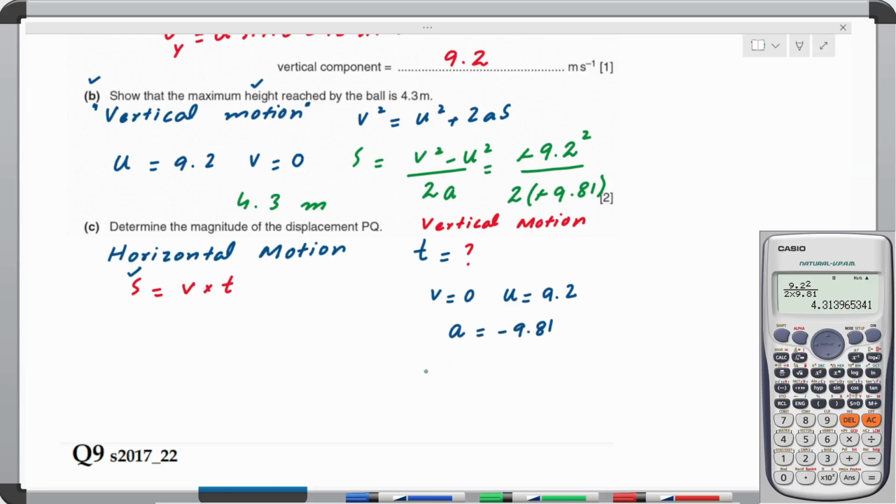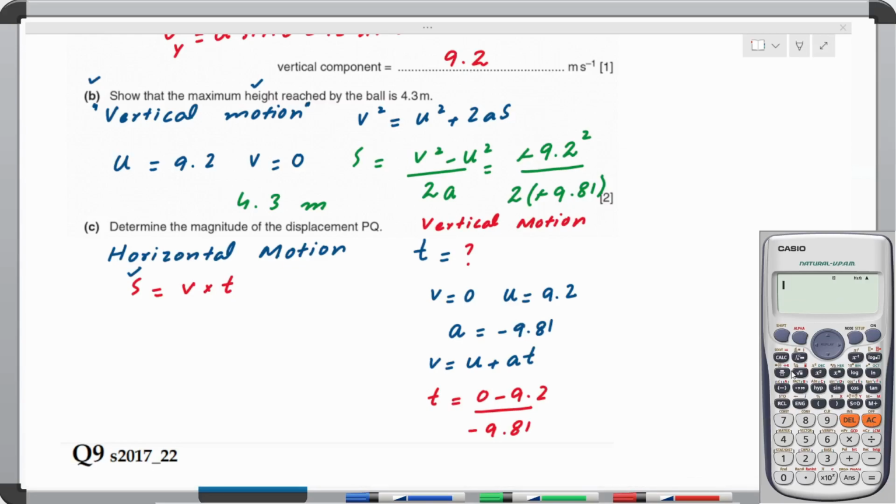I can easily find the value of t from here using the first equation of motion, which is v equals u plus at, or the very definition of acceleration itself, a equals v minus u divided by t, and from here t equals v minus u divided by a. So v minus u divided by negative 9.81. You can cancel out the negative signs on the top and on the bottom.